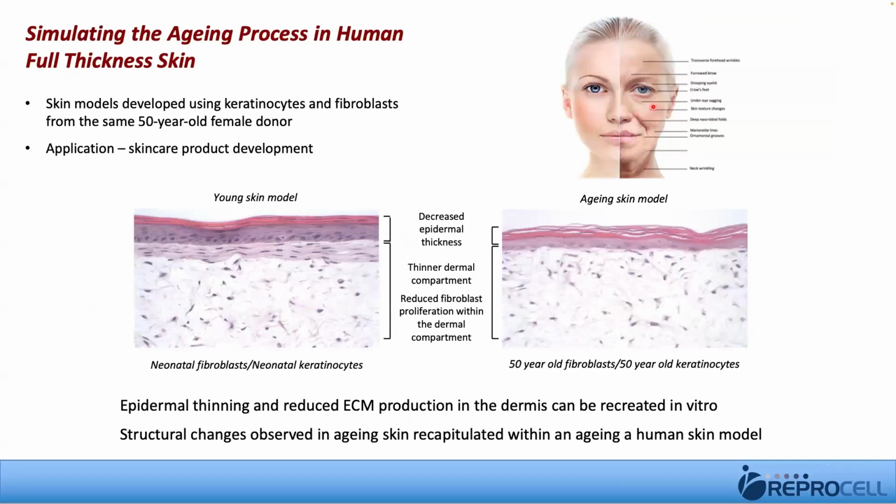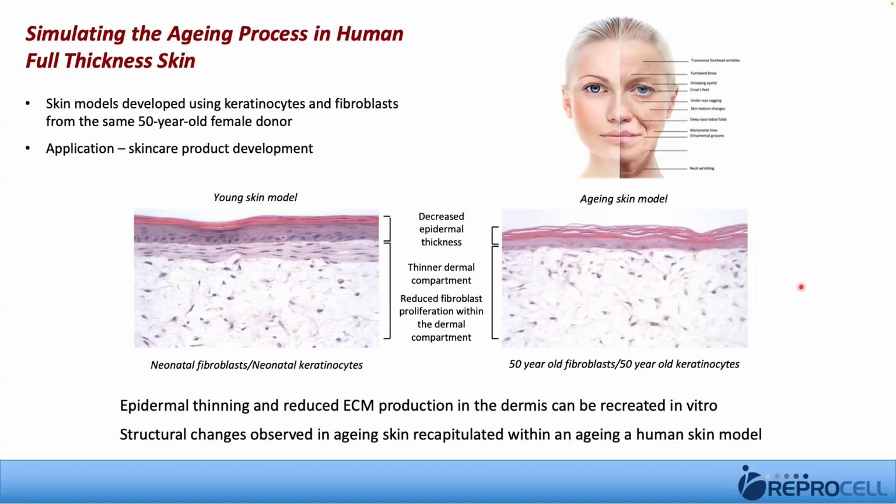So aging skin. So how do we produce our models of aged skin? Well, we can do one of two ways. The first way is to utilize cells from older donors. So what we see here in these images, on the left is a young skin model. So that's neonatal fibroblasts and keratinocytes, compared to, on the right, an aging skin model.